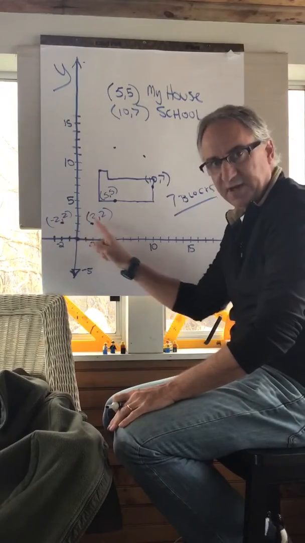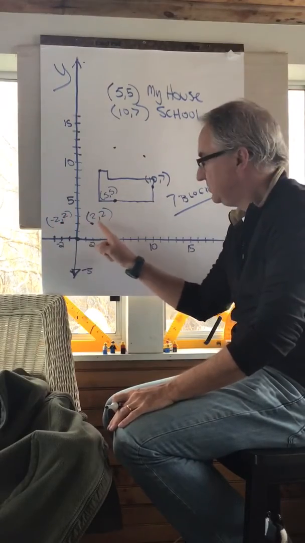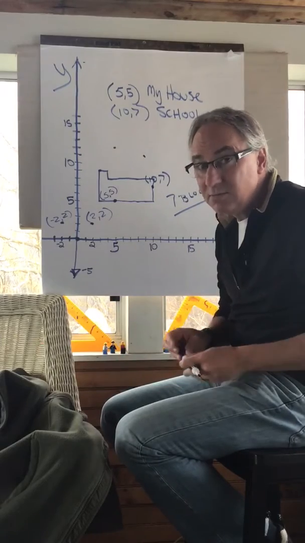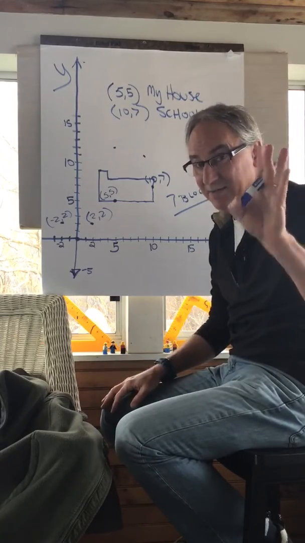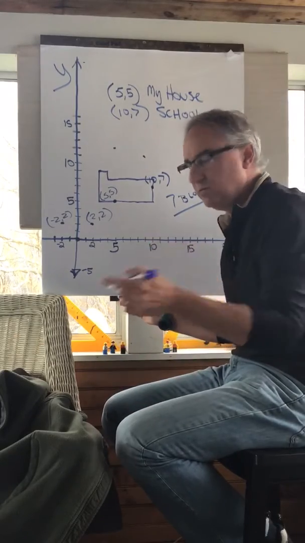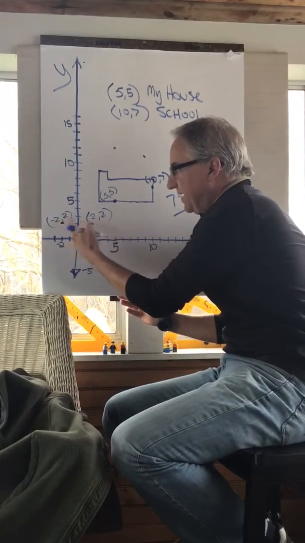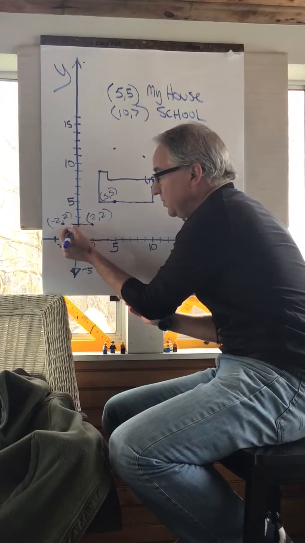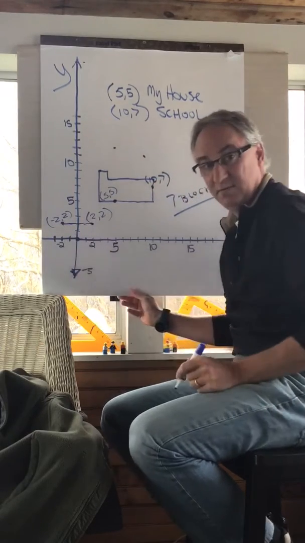If you have to figure out the difference between how to get from here to here, it's actually what's called absolute value. Okay, that's a big fancy math term that you don't have to know really what it means yet, but absolute value means the difference. If I have to get from 2 to -2, it's still going to be 1, 2, 3, 4 places.